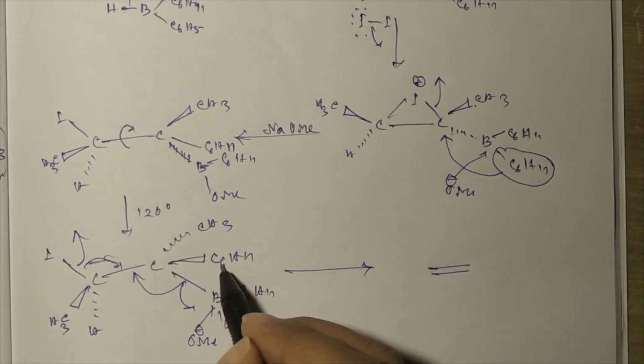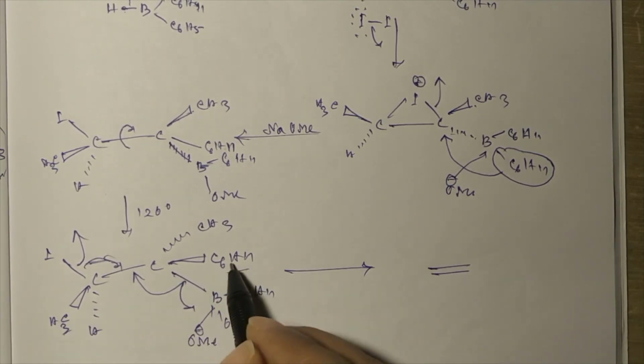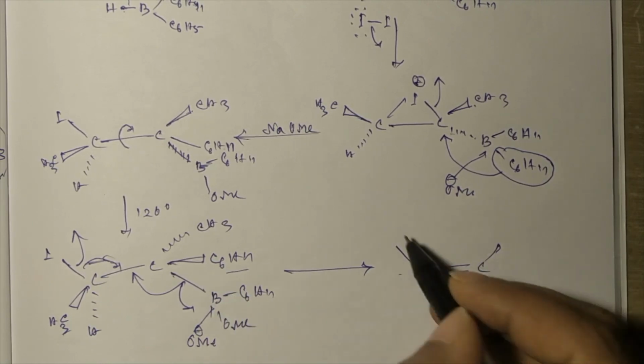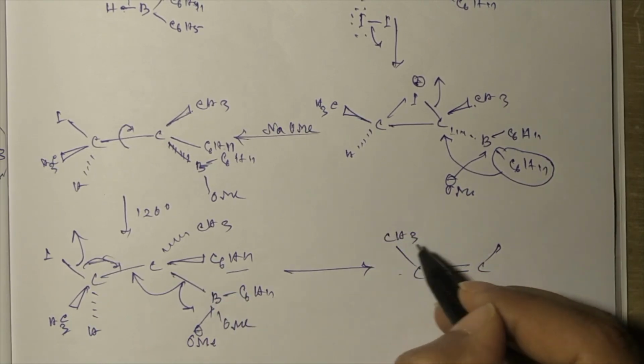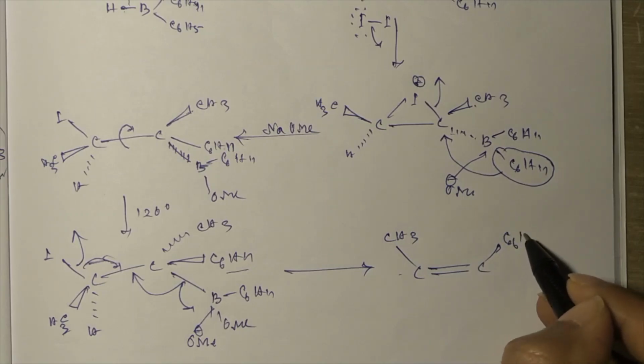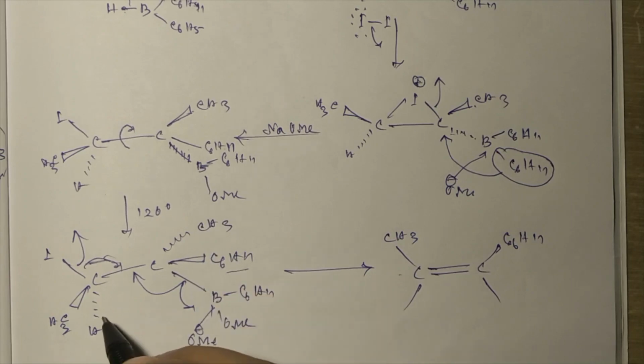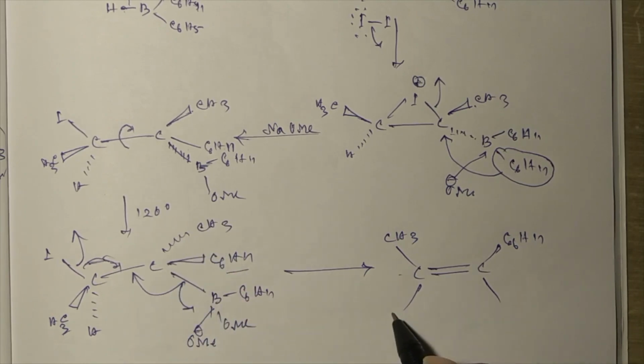Now this CH3 and C6H11, these two groups are above, so these two groups will be on the same side, and hydrogen and CH3 both are below the plane, so these are on the same side. So this will be the product.